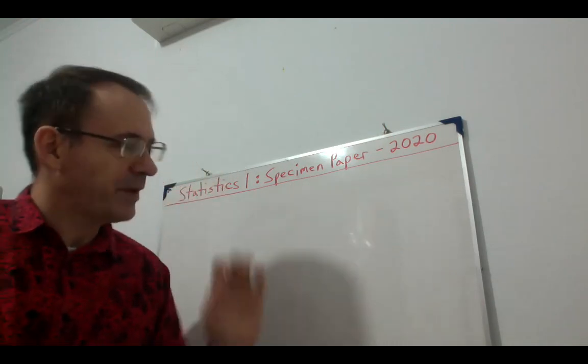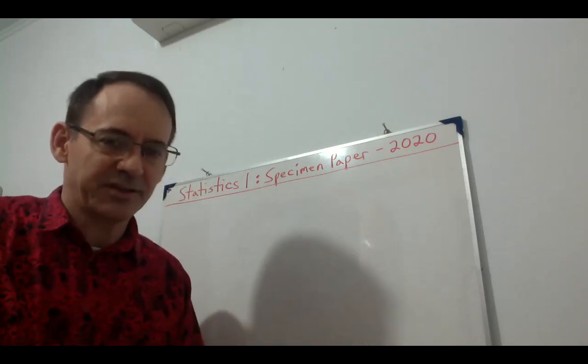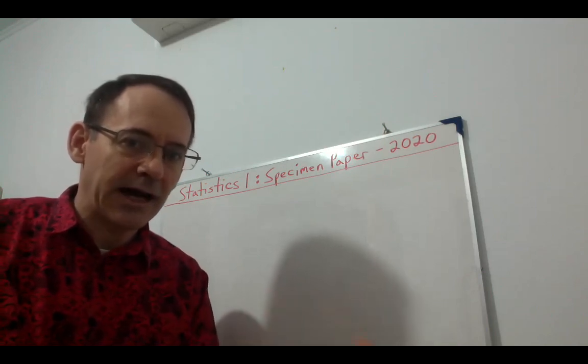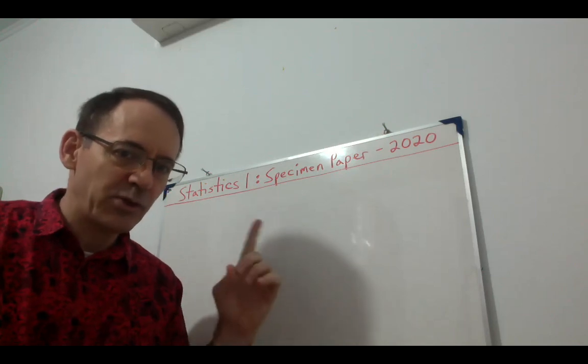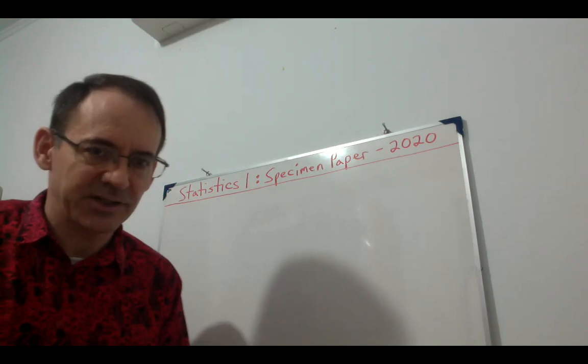So by using the specimen paper, it gives us a little bit of a glimpse of how they might treat new content, which in the statistics book, there's really only one topic that's new, and that's the geometric distribution. So let's go ahead and look at the specimen paper.